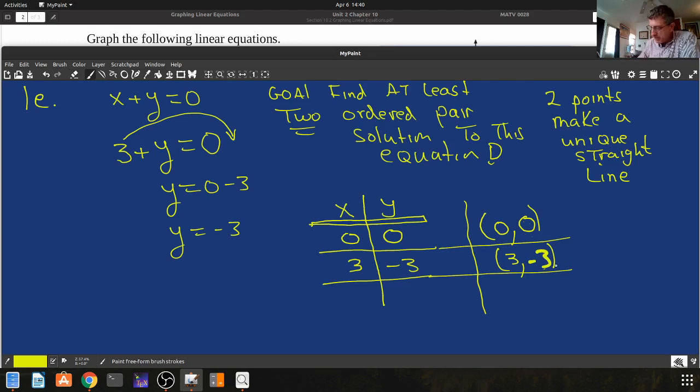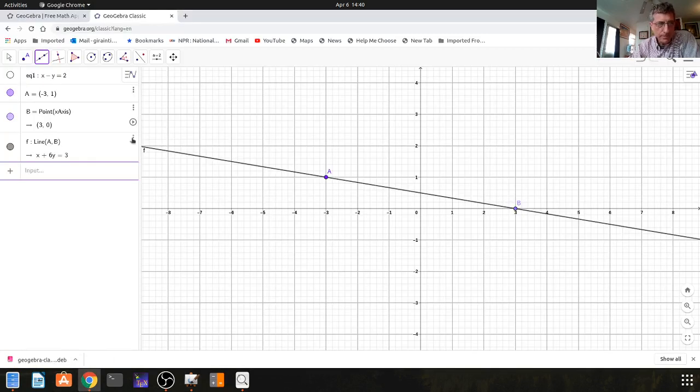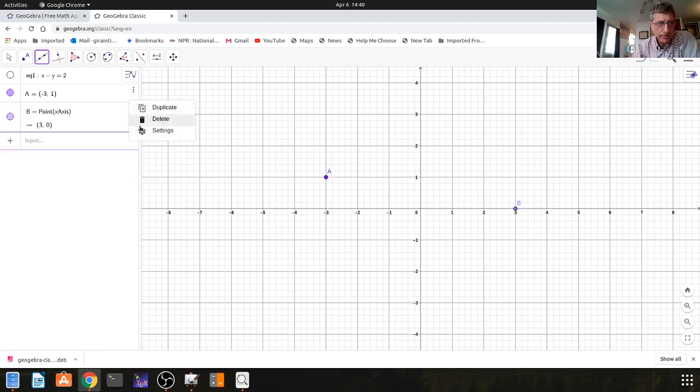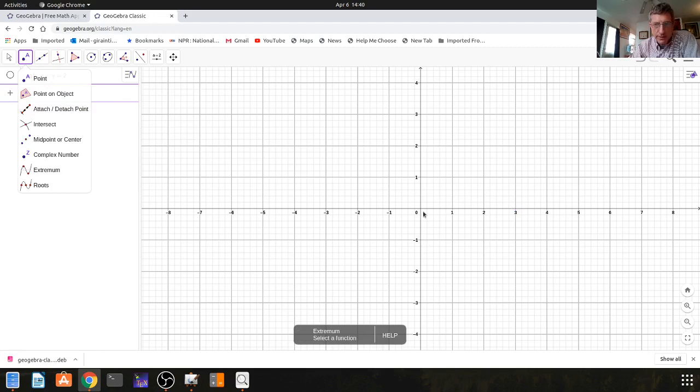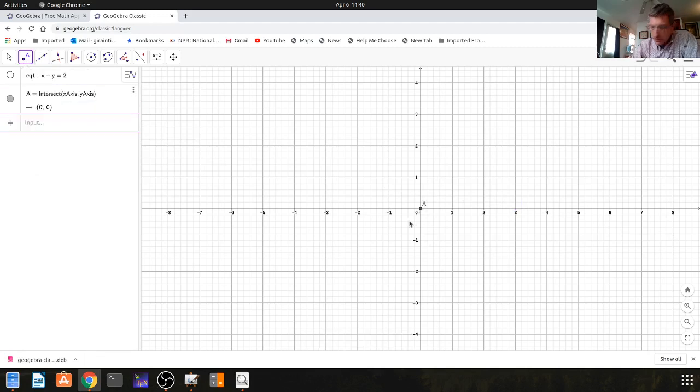So I have two values. I have 0 and 0, and 3 and minus 3. So let's plot those. 0, 0 is the easiest one. And x is 3, y is minus 3. Here's my other point.